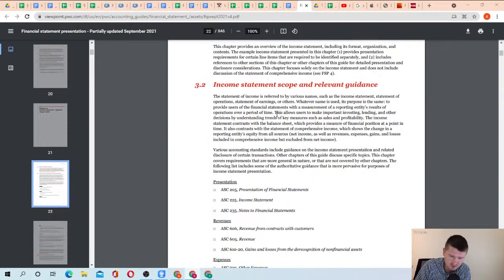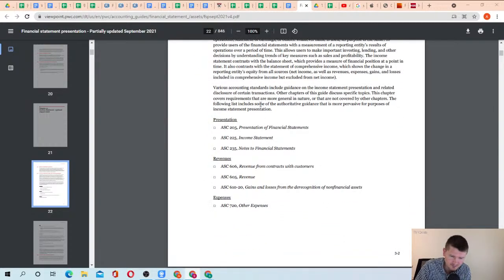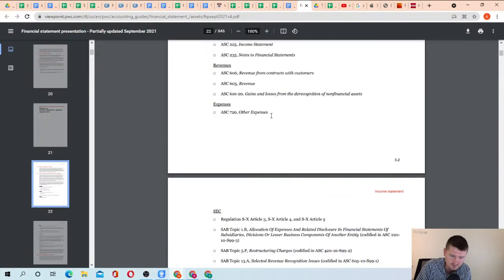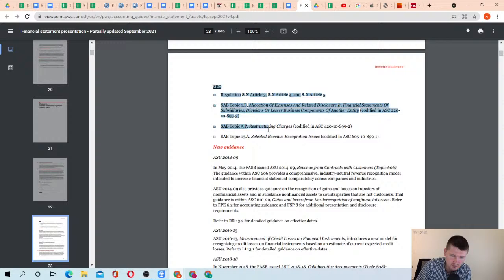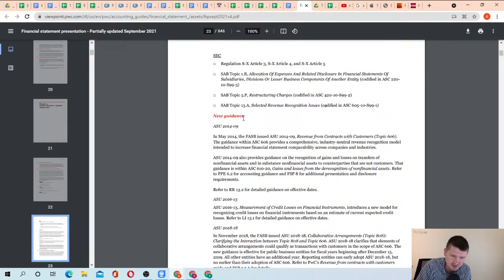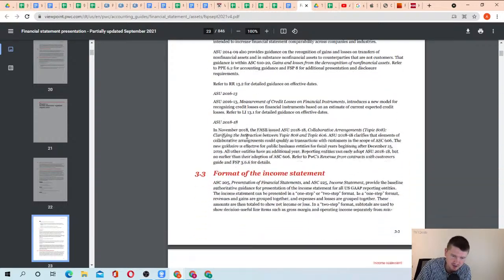So the income statement involves input from many different accounting transactions, accounting standards as well as SEC regulations. And from time to time that guidance updates, for example in 2014 we had a major revenue update.